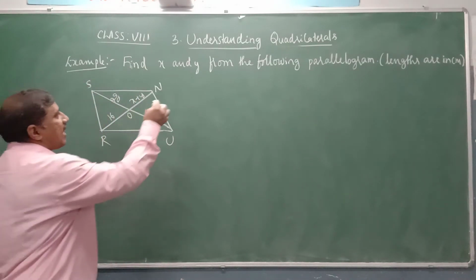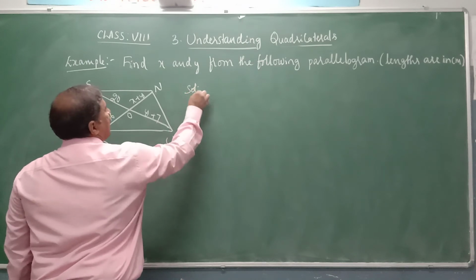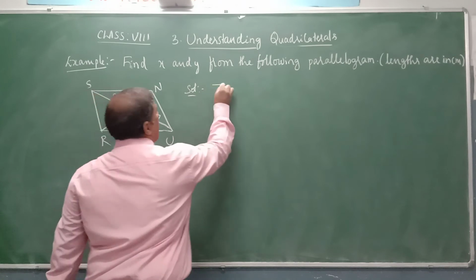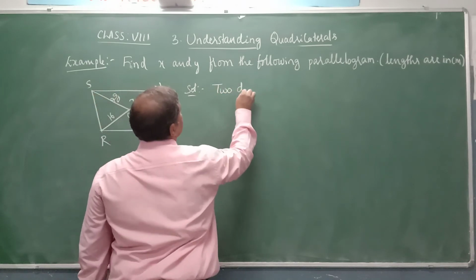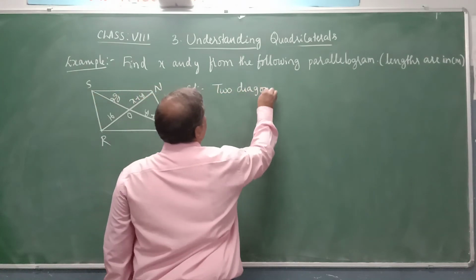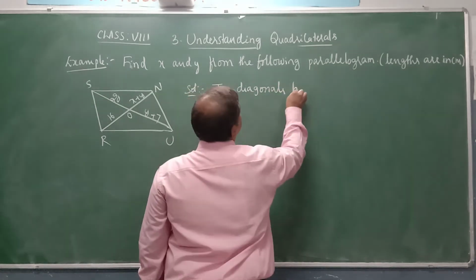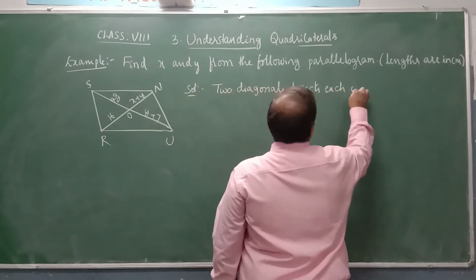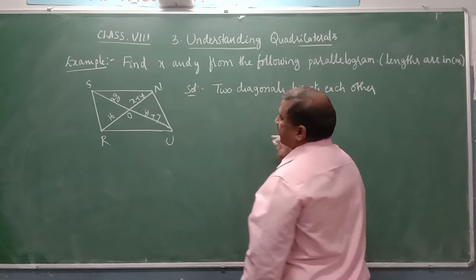How do you find this x and y? We know the two diagonals bisect each other. What does it mean?